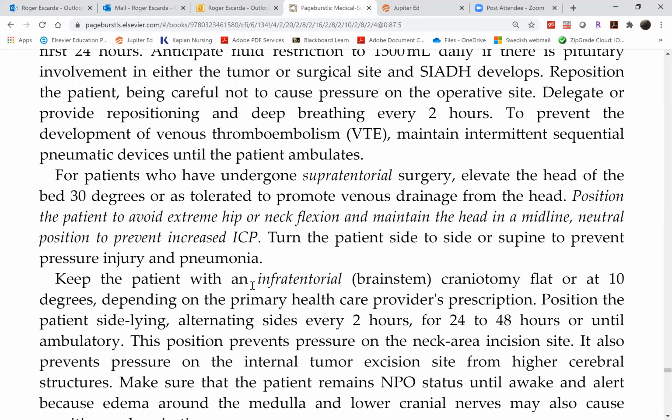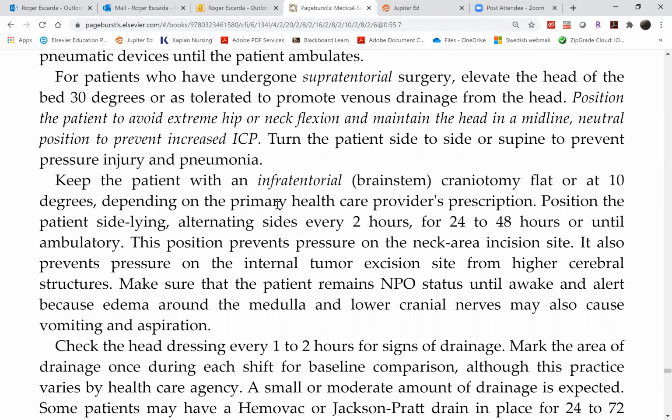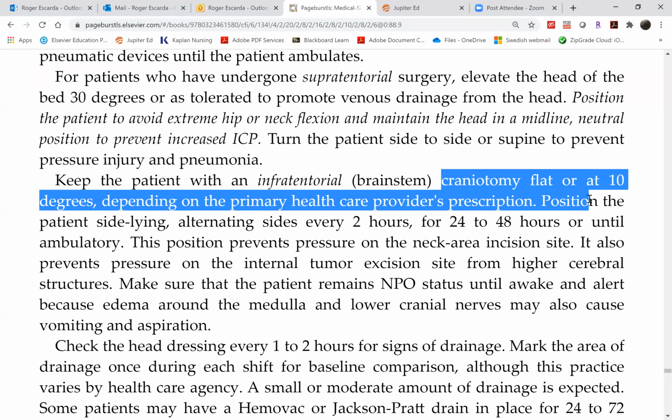However, if it is the lower half of the brain, which is called infratentorial, which involves brainstem surgery, which is more common especially if there is brain herniation after severe TBI, the position is now flat with head of the bed no higher than 10 degrees.